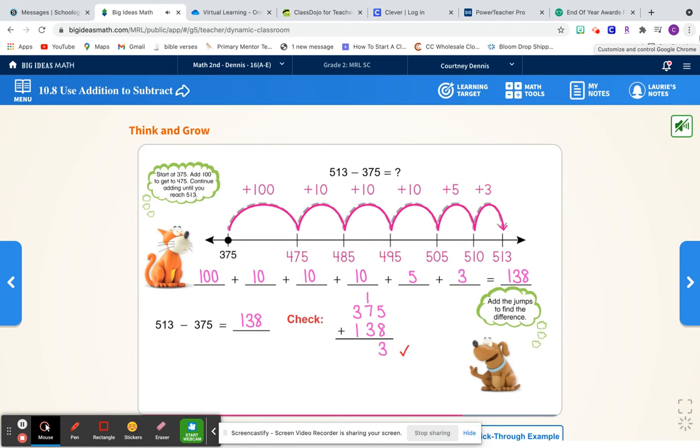Add the tens. 7 plus 3 plus 1 equals 11 tens. Regroup 11 tens as 100 and 10. Add the hundreds. 3 plus 1 plus 1 equals 5 hundreds. So 375 plus 138 equals 513.